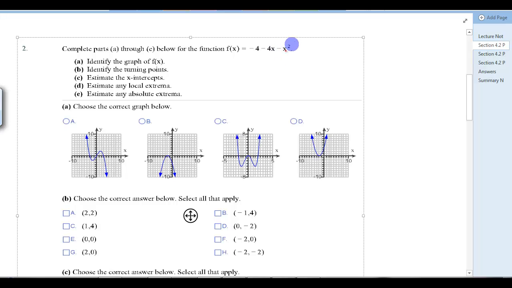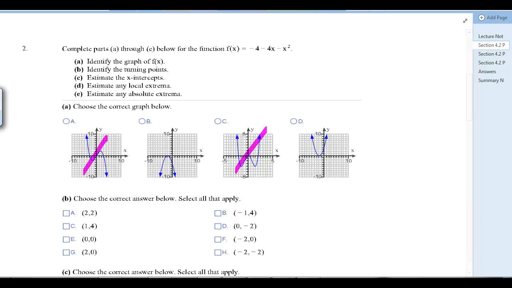We know this is quadratic, second degree, so we could eliminate this one and this one. Those are not quadratics. They're not a parabola. We also should notice this is a negative x squared, so that means it's going upside down. That means we could eliminate that one. So our choice will be B. You want to use that idea of eliminating what you know not to be the case to help you sometimes.